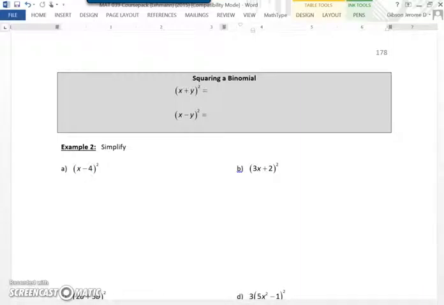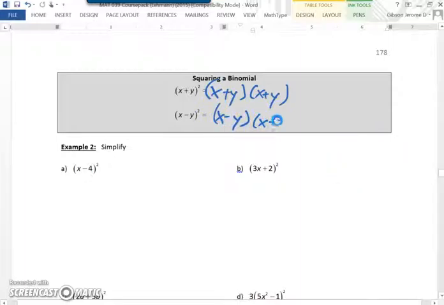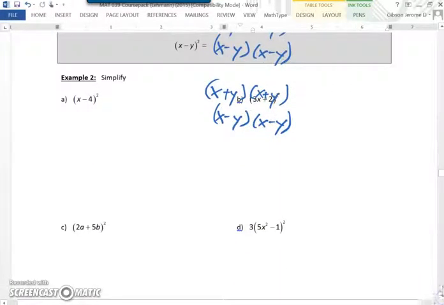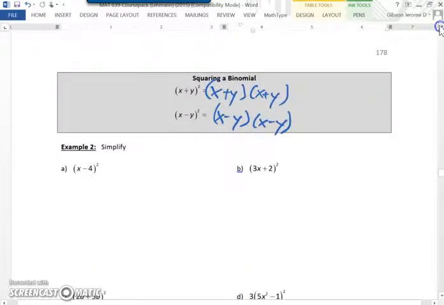Now it says here, squaring a binomial. We have (x plus y) squared, and (x minus y) squared. You know this would be x plus y times x plus y. And this would be x minus y times x minus y. Okay, so now we will apply this to these other problems here, but as you all know, we will have to multiply them out.